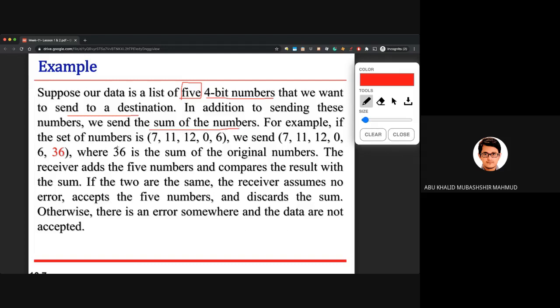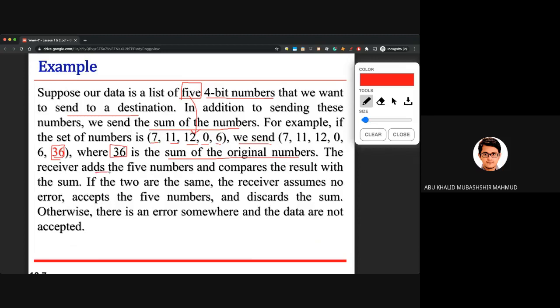For example, if the set of 4-bit numbers is 7, 11, 12, 0 and 6, these are the 5 numbers, each represented in 4 bits. Then we send another number extra, that is the sum of these 5 numbers, where 36 is the sum of the original numbers.